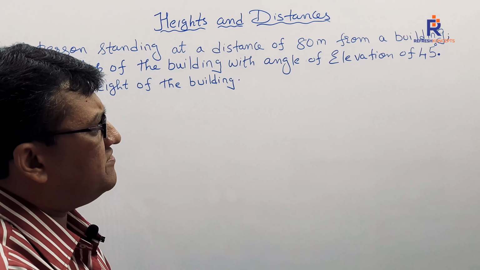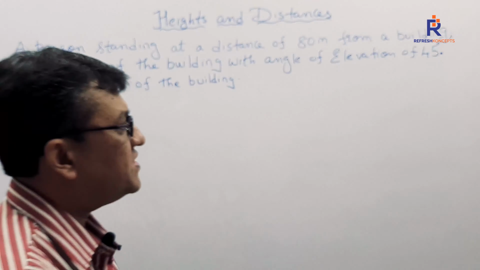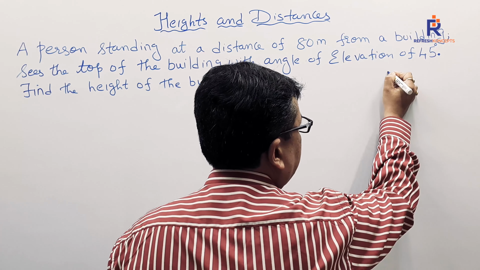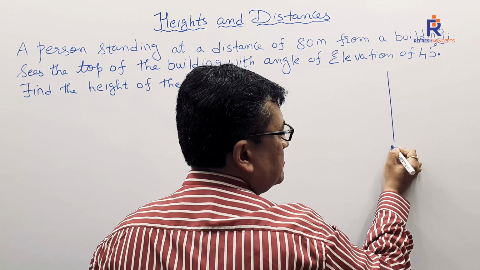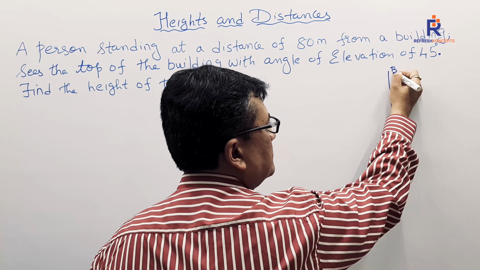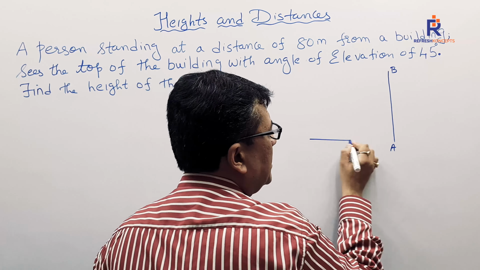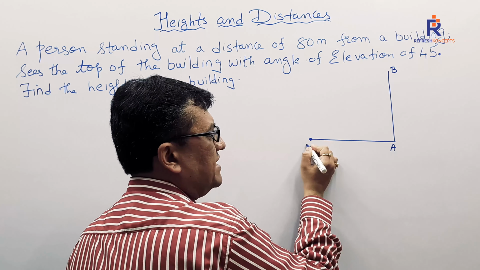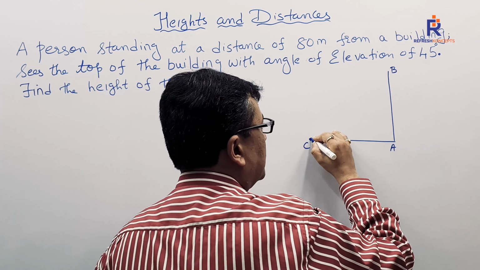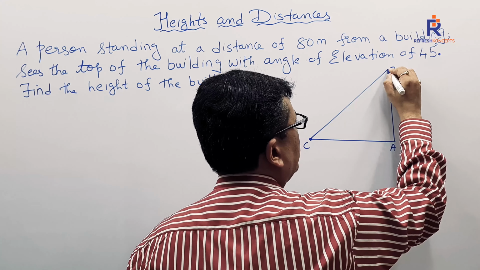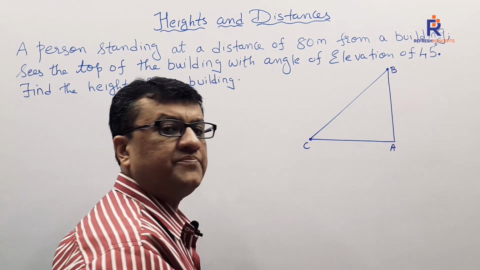So let's jot down what the diagram could be. Say AB represents the height of the building. Let C be the point where the person is standing, and from here the person is observing the top of the building AB.